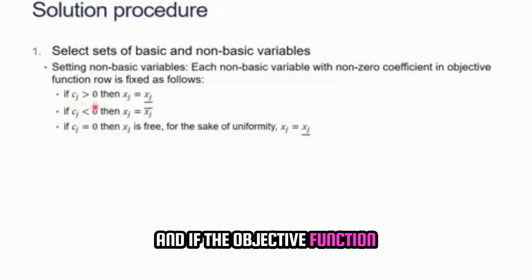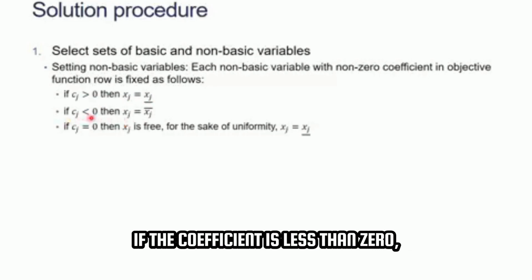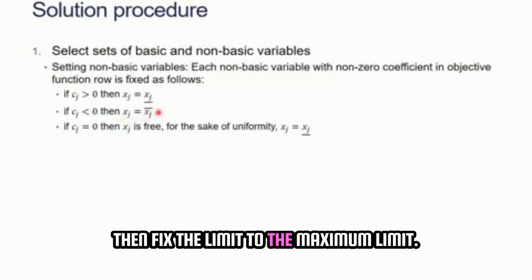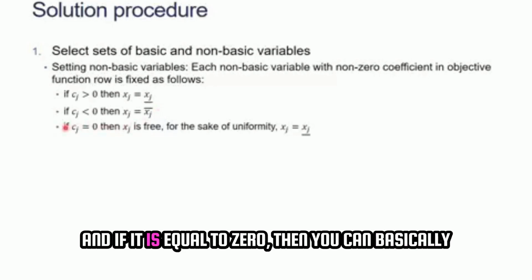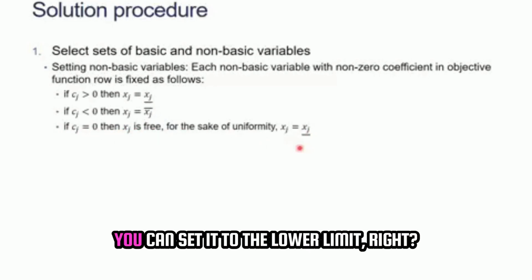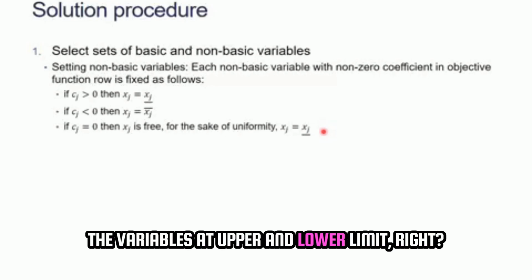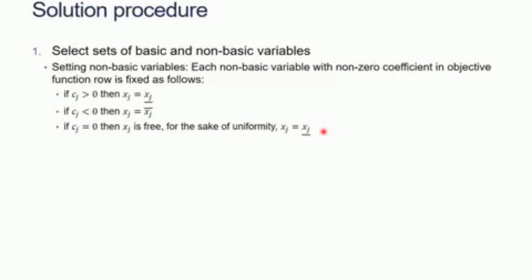If the objective function coefficient is greater than zero, then fix the variable to its lower limit. If the coefficient is less than zero, then fix the variable to its maximum limit. And if it is equal to zero, it is basically free, but just for uniformity, you can set it to the lower limit. So this is the logic of setting the variables at upper and lower limits.